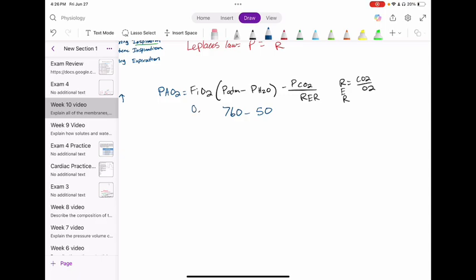Typically the normal fraction is 0.21. And partial pressure of carbon dioxide is 40. We typically have a resting membrane of 85. Now if we're to calculate this out, pull out my calculator really quick.